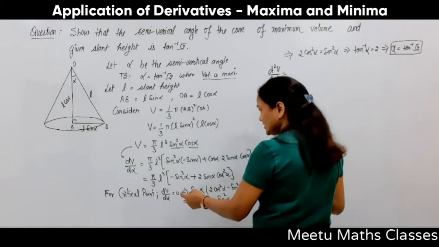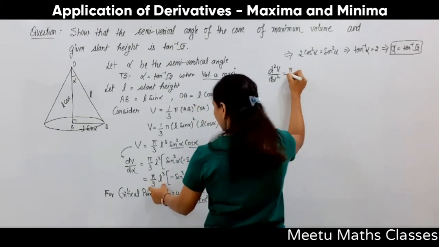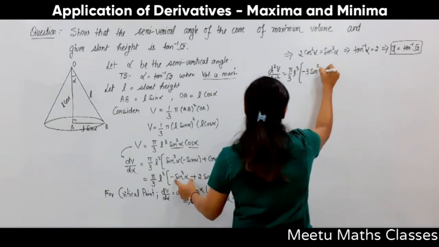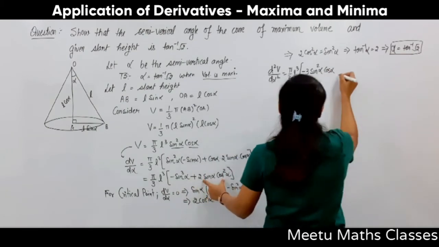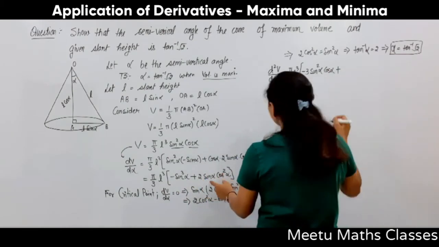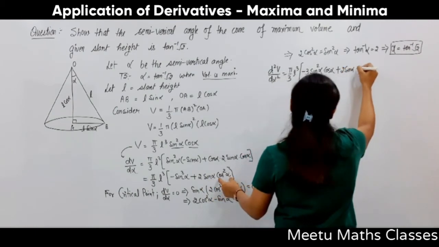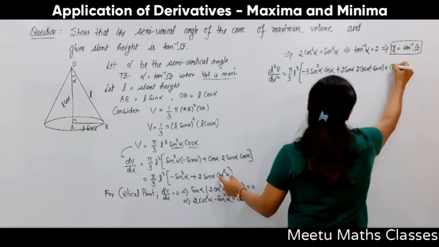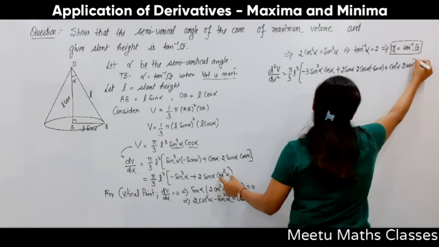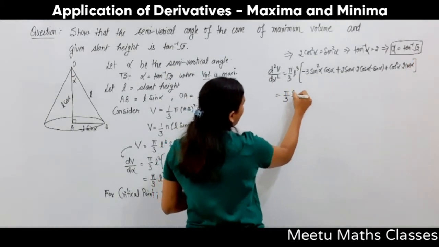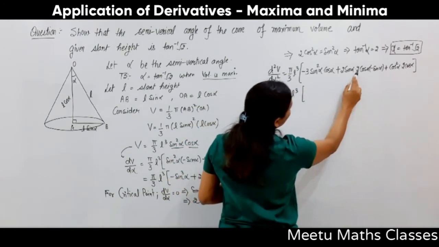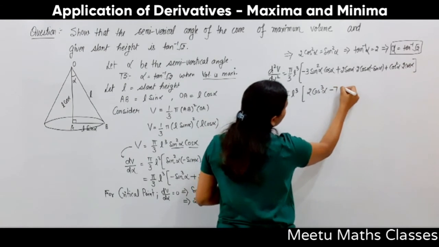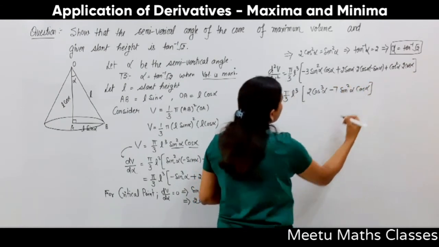The second derivative will be pi by 3 L cube as it is, times minus 3 sin square alpha cos alpha plus 2 sin alpha times the derivative of cos square alpha, 2 cos alpha into minus sin alpha, and cos square alpha as it is, then 2 cos alpha. So the second derivative comes out as pi by 3 L cube times 4 sin square alpha cos alpha, so 2 cos cube alpha minus 7 sin square alpha cos alpha.